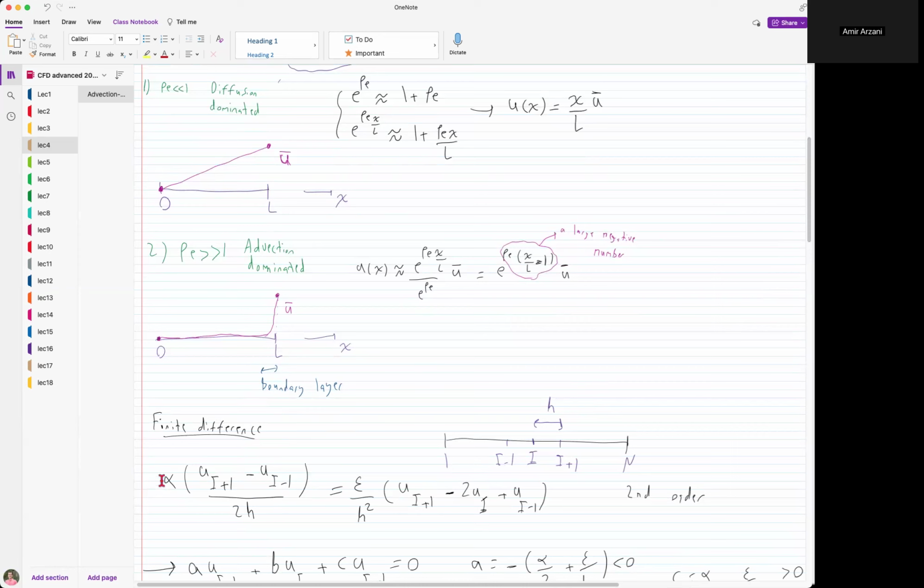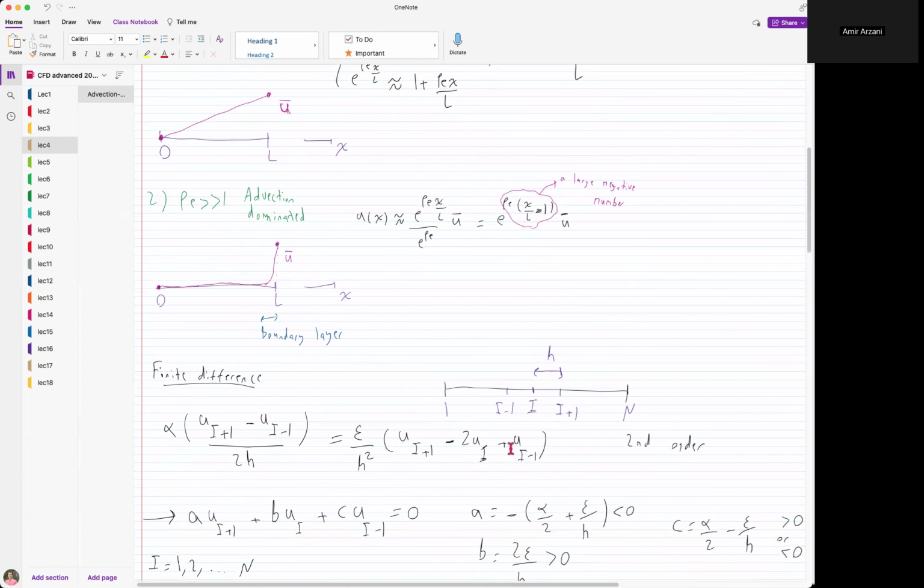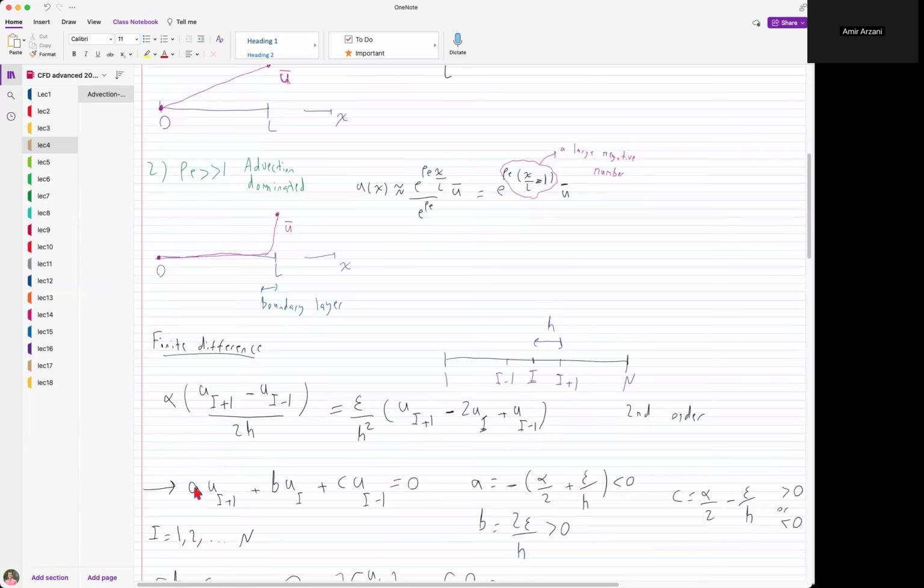Now if you look at this finite difference discretization, I have 3 unknowns here. So I can group the equation, factoring everything that has u i plus 1 and u i minus 1. I have 3 coefficients if I group things accordingly. I have A, which is given by minus velocity divided by 2 plus diffusivity over h.